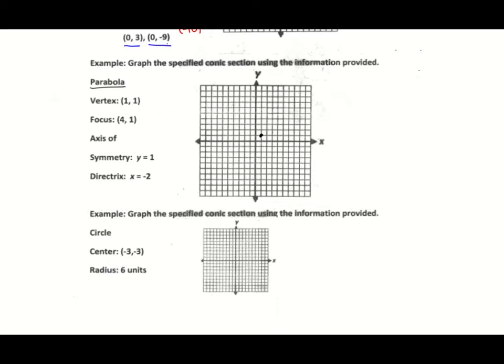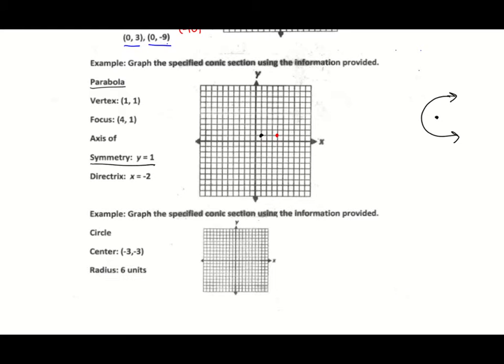1, 2, 3, 4, 1. So just by graphing this focus, I know my parabola always has to open with the focus inside. So I know my parabola is going to be looking something like that. It's going that way. The next thing it tells me is my axis of symmetry is y equals 1.